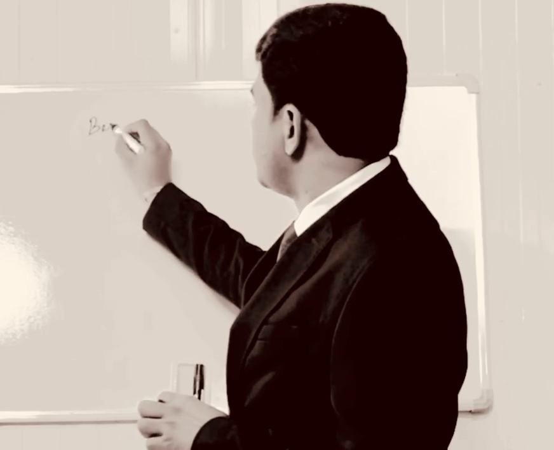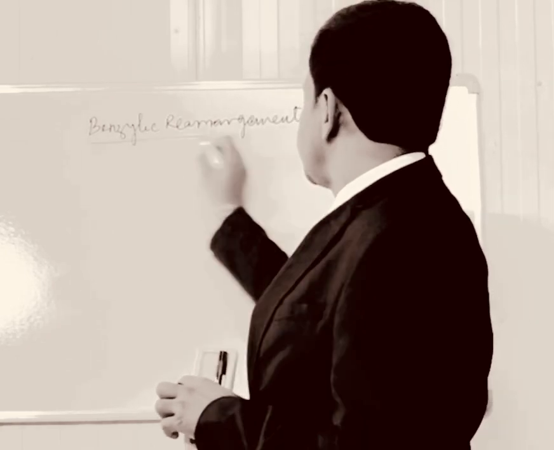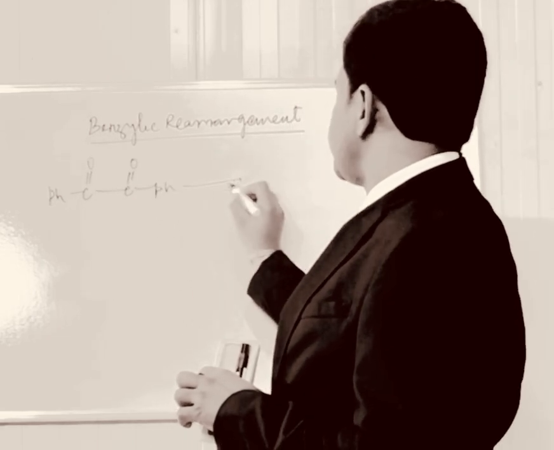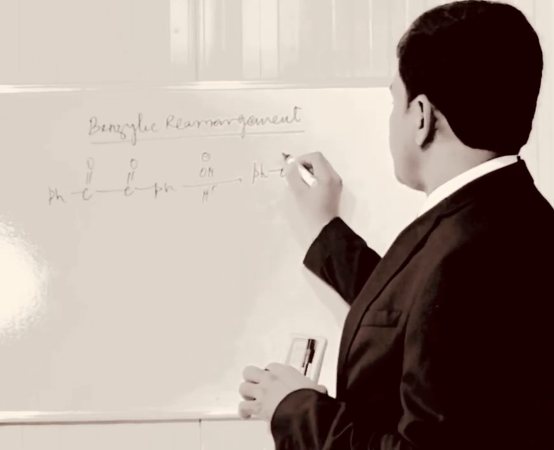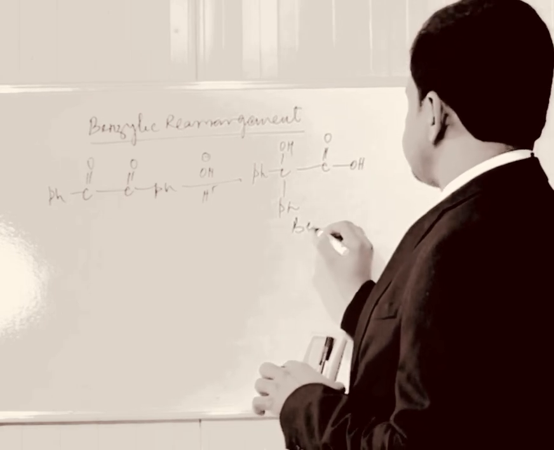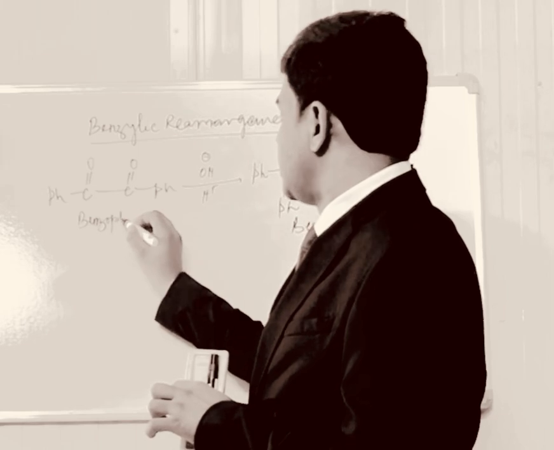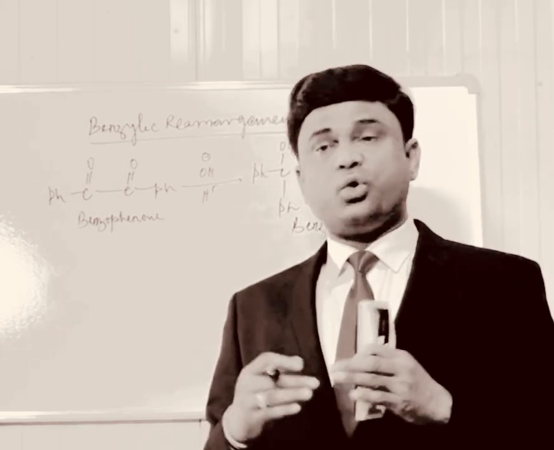So if we take a little look at the benzilic acid rearrangement, here our substrate is simple benzil, and when we treat it with base as well as a small amount of acid, there is formation of a product like this, and this compound is known as benzilic acid. The reactant is a little bit different from the pinacol-pinacolone rearrangement.